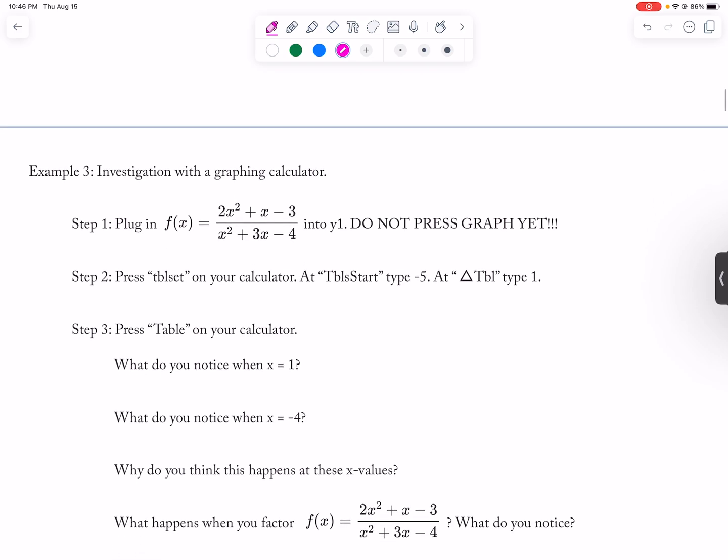Okay, so if I factor this, I get 2x plus 3 and an x minus 1, and then I can have an x plus 4 and an x minus 1. So now that I graph this, what you notice is that your x minus 1s would technically cancel out.